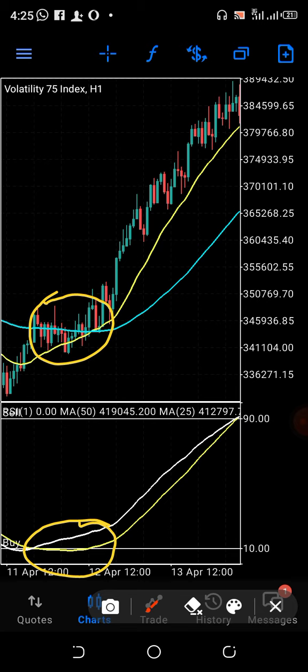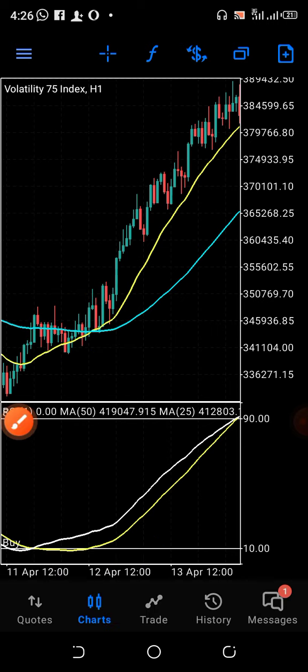Two of them, this yellow line crossed below the 10, which is this place. It steps below the 10. And from that 10 below, the market was moving as if it wanted to cross this line, but never crossed. So when the market crossed this line, the market started going up.